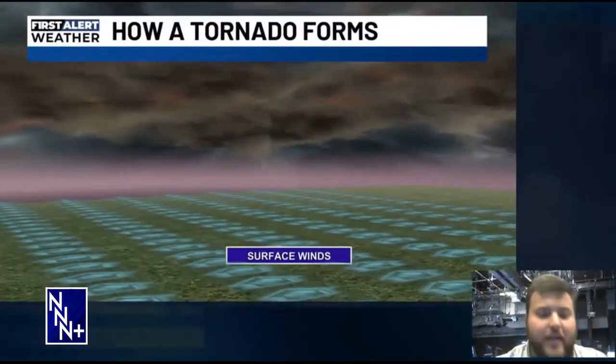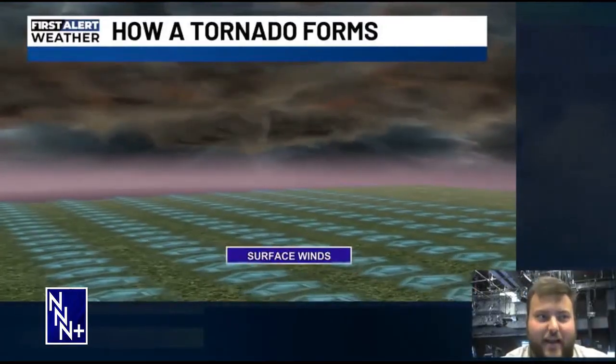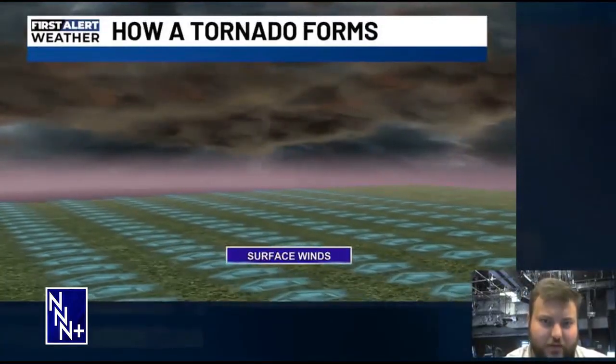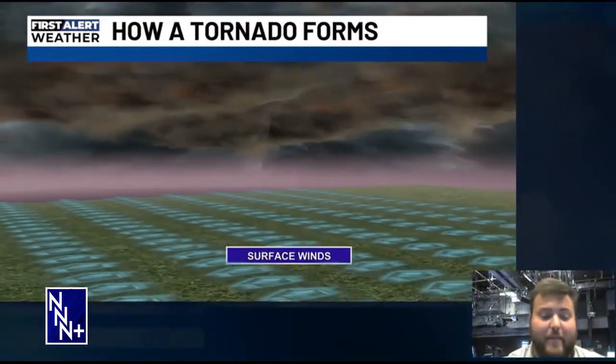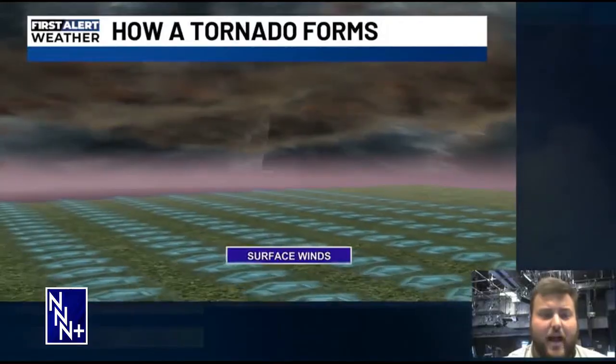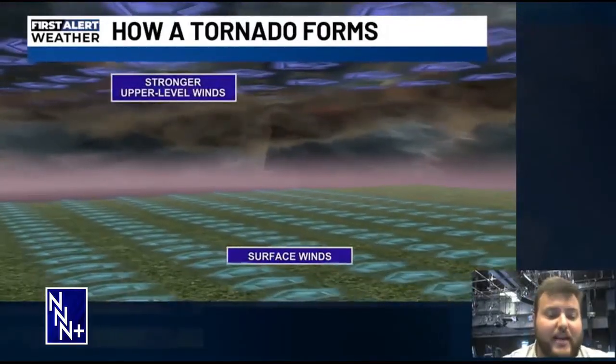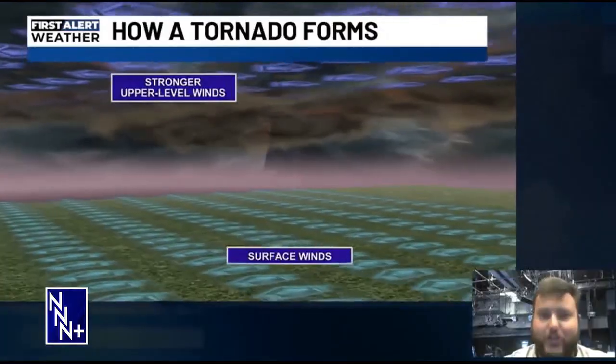Let's talk about tornadoes here. And before I talk about this, I do want to say that there's still a lot unknown about tornadoes and even severe thunderstorms for that matter. This is what is known about a typical tornado, I should say. What you need here is what's called wind shear.